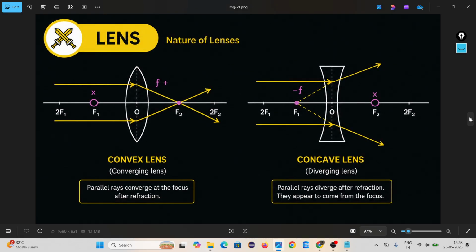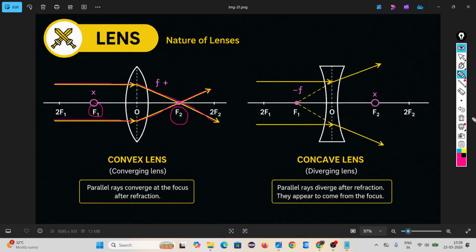Look, a parallel light is coming, and after refraction it meets on the right hand side at F2. Here two focus points are there, na? One is on the left hand side, another one on the right hand side.